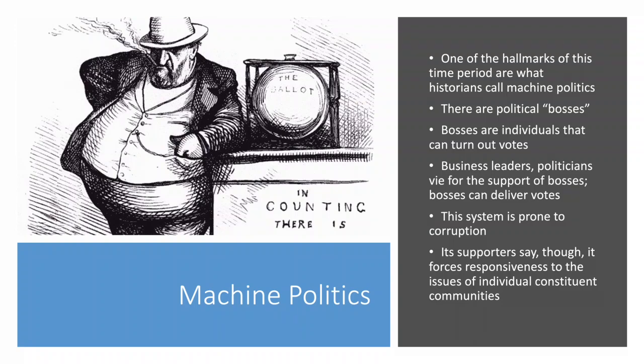That loyalty was a two-way street. You were loyal to the boss, but the boss had to be loyal to you. And in doing so, they could gain real political reforms and political wins for their communities. They could get things for their communities, and they had to get things for their communities in order to continue to be a boss and enjoy the benefits of being a political boss.